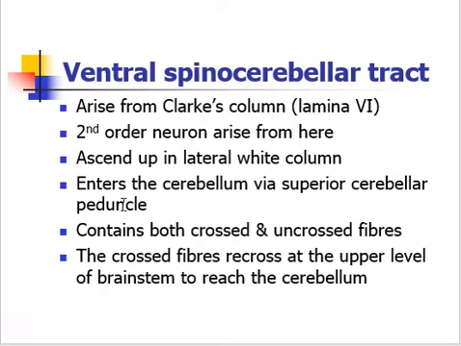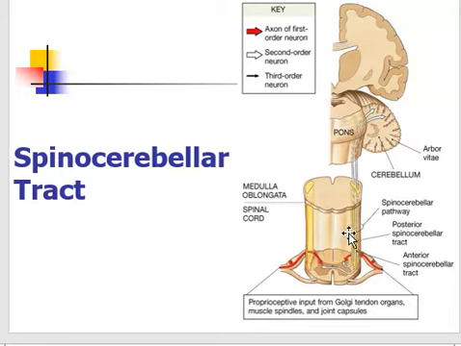It enters the cerebellum via the superior cerebellar peduncle and contains both crossed and uncrossed fibers. The crossed fibers recross at the upper level of the brain stem and reach the cerebellum.